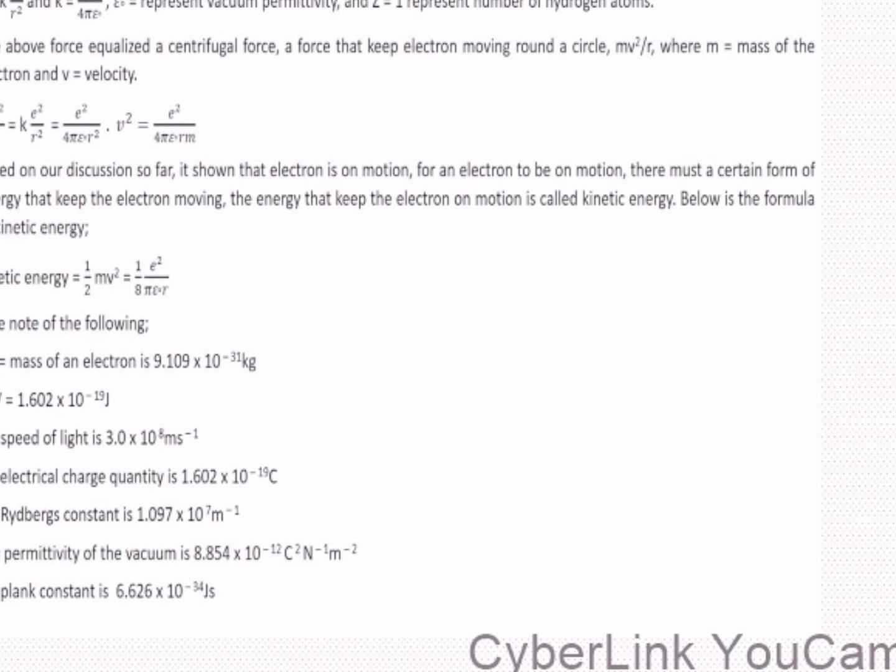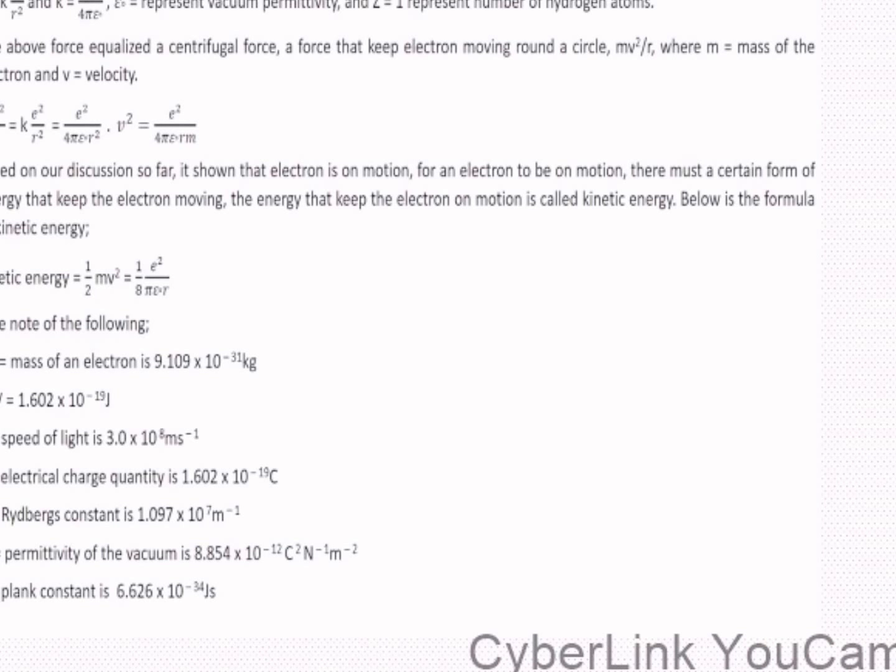Now take note of the following. m_e stands for the mass of the electron, which is 9.109 times 10 to the minus 31 kg. eV equals 1.602 times 10 to the minus 19 J. c stands for the speed of light, which is 3.0 times 10 to the 8 meters per second. e, the electrical charge, is 1.602 times 10 to the minus 19 C.